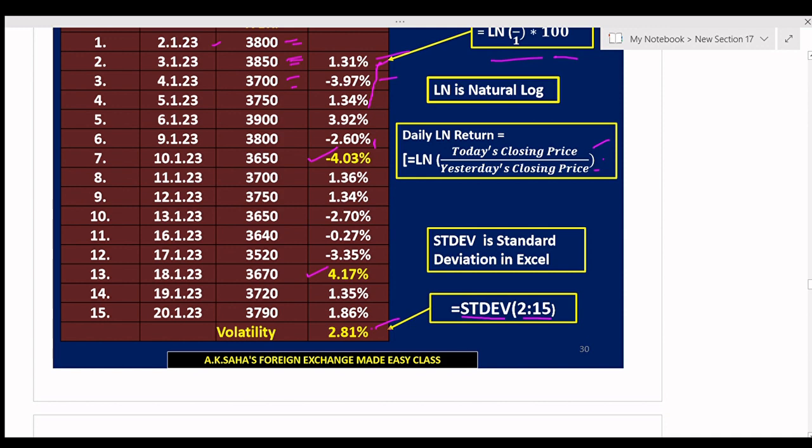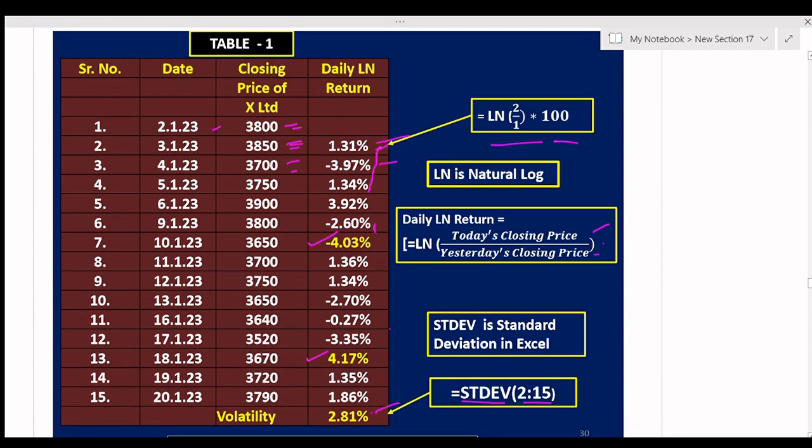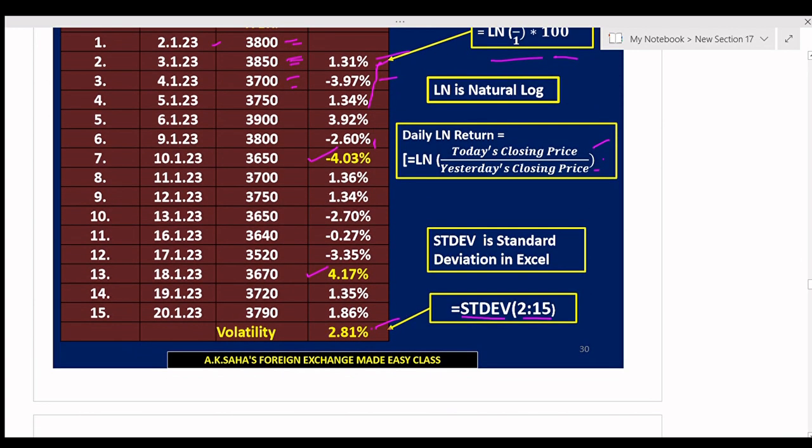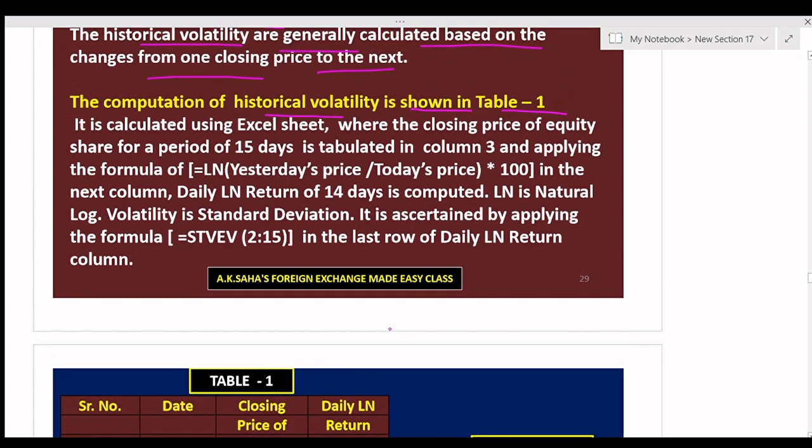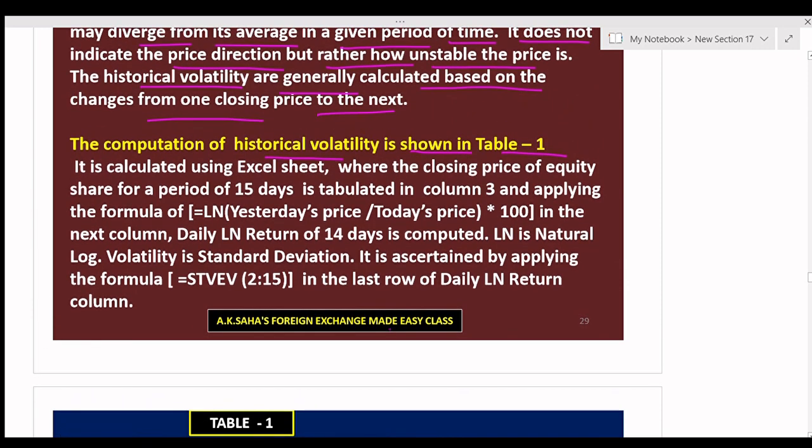This is from the Excel sheet, and you see the figure is given. You can compute it in your Excel sheet. It is calculated where the closing price of an equity share for a period of 15 days is tabulated in column 3, and applying the formula ln of yesterday's price by today's price into 100 in the next column, that is the fourth column, the daily ln return of 14 days is computed. ln is natural log.